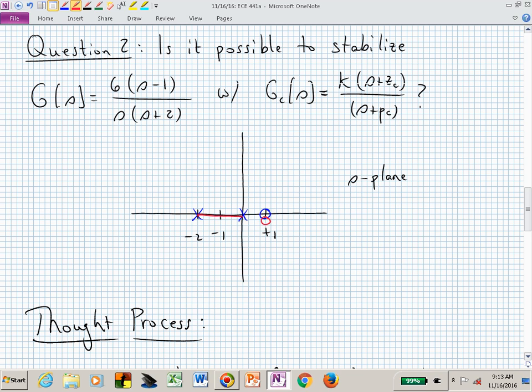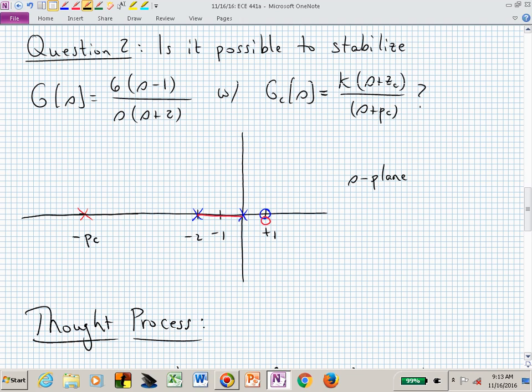I might want to put it over here a little bit further because I sort of like what I have between 0 and -2. I could quickly sketch that, but which piece now of the real line belongs on the root locus? I've now located this at, let's say, -p sub c.